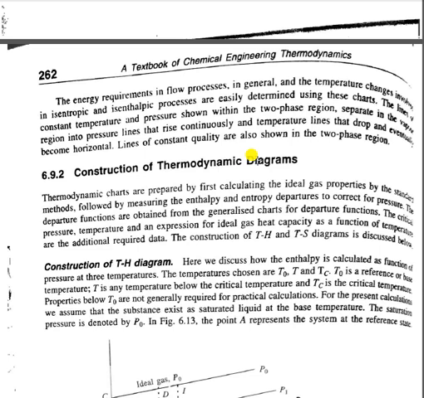Okay, so using this data we construct the isentropic and isenthalpic processes. The lines of constant temperature and pressure show within the two phase region and separate in the vapor phase region into pressure lines that rise continuously, and temperature lines that drop and eventually become horizontal, as we saw in the figure.